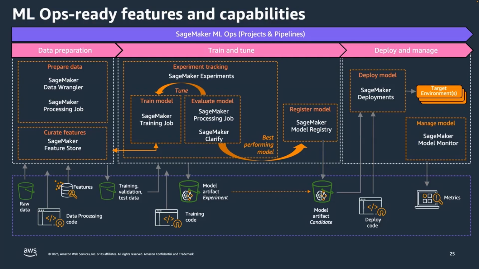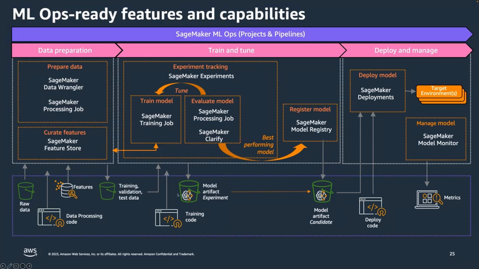And if it's not, then you can retrain your model, or check that your model is performing and producing the results that you expected. So you'll get some metrics that come out of SageMaker Model Monitor that will let you take a look at that.